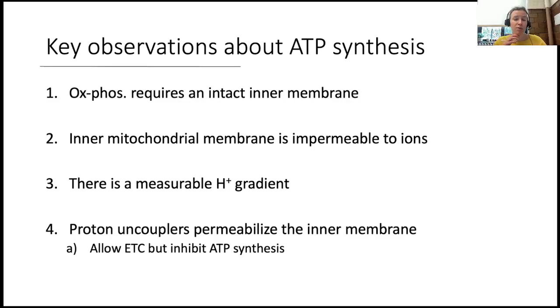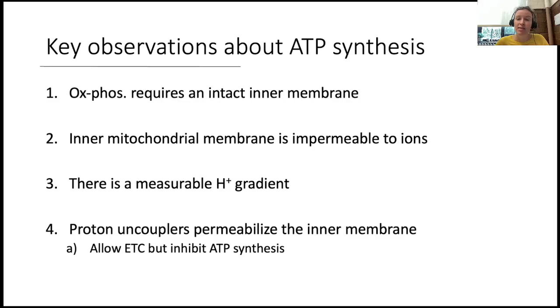There are some key observations about ATP synthesis that are going to be important to note, because these kind of informed our understanding of the structure. So some scientists saw that oxidative phosphorylation requires an intact inner mitochondrial membrane. They noticed that the inner mitochondrial membrane is impermeable to ions, so no ions cross via diffusion. 3, they noticed that there is a measurable proton gradient from the matrix to the inner membrane space.